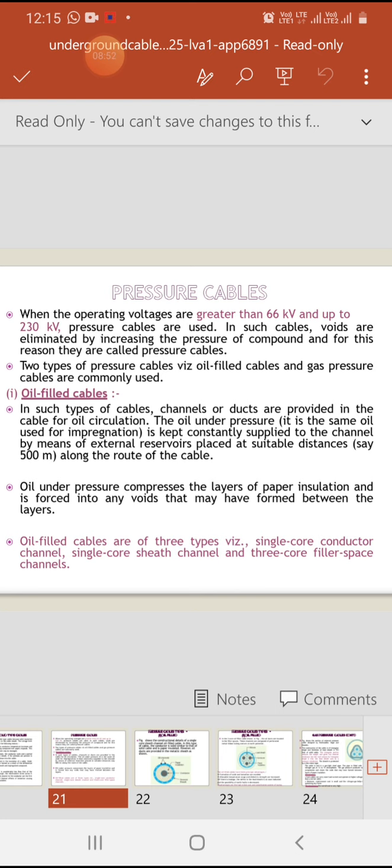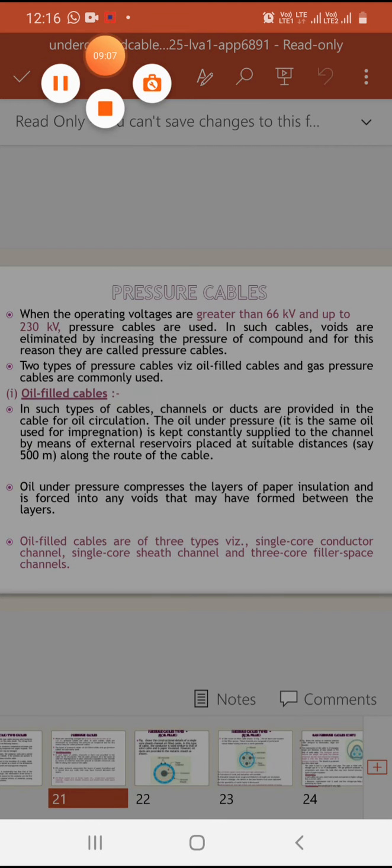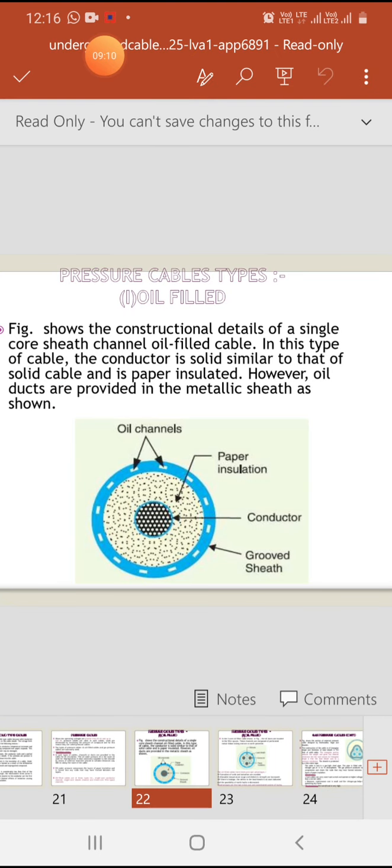Oil-filled cables are of three types: single core conductor channel, single core sheath channel, and three core filler space channel. See the figure. This figure shows the constructional details of a single core conductor channel oil filled cable, and here the oil channel is formed at the center by stranding the conductor wire around a hollow cylindrical steel spiral tape.